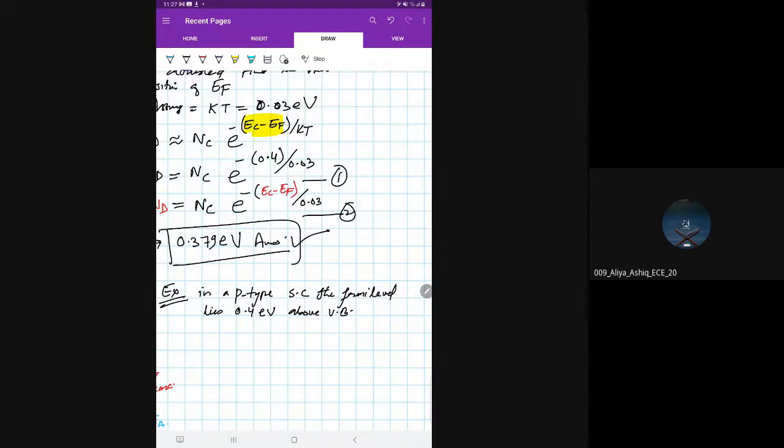If the concentration of acceptor atoms is tripled, find the new position of EF. Please do it quickly. I'll take attendance till then.